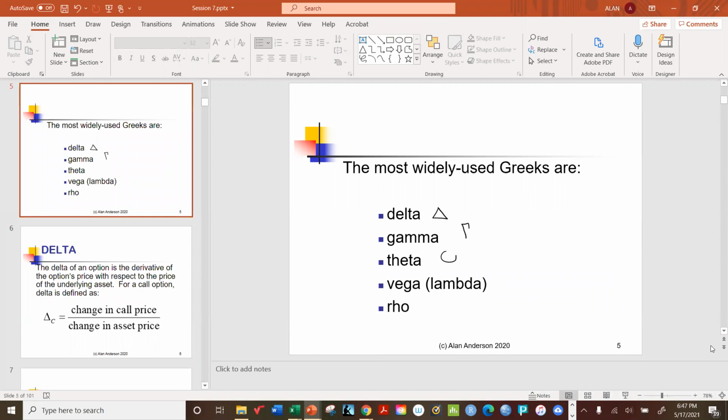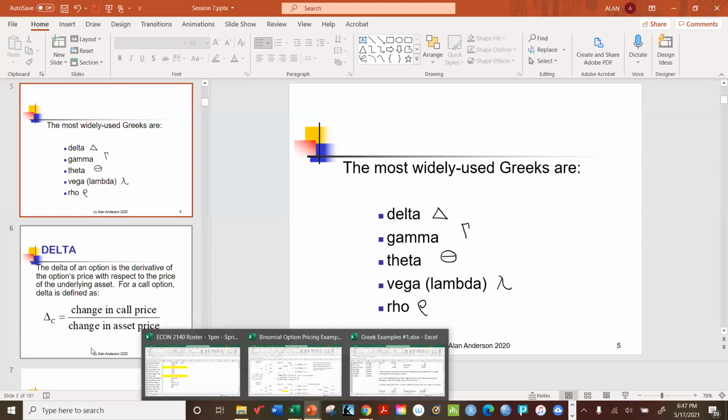This is theta. Lambda is this thing. And then finally, rho looks something like this. Just in case it's been a while since you encountered Greek letters. And just a quick reminder, all the Greek letters have both an upper and a lower case version. So you may have seen other variants of these letters, but these are the uppercase versions of delta, gamma, theta, lambda, and rho.